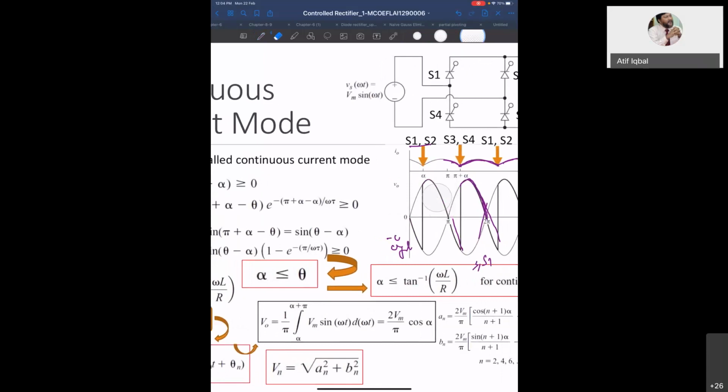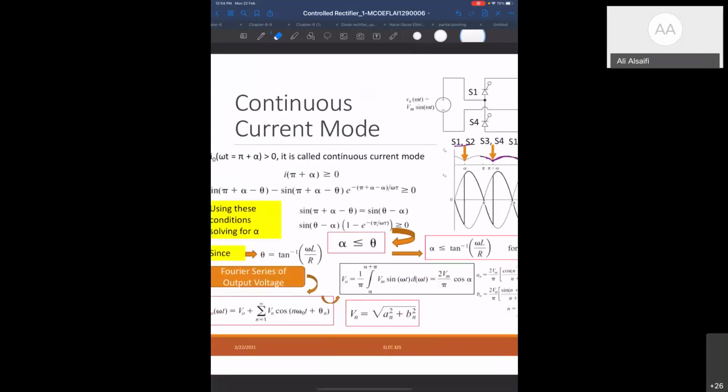It is simpler in a full wave rectifier. You draw the source voltage like this. This is your positive, and you also draw a negative like this. If you show it like this in the waveform, then it becomes easy, because you can call this positive and this negative.